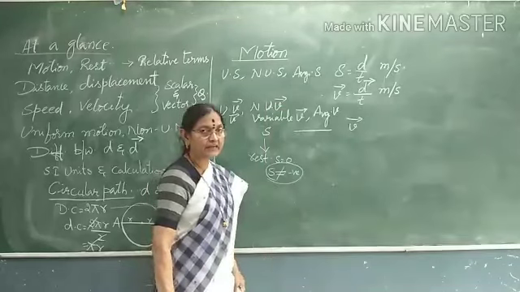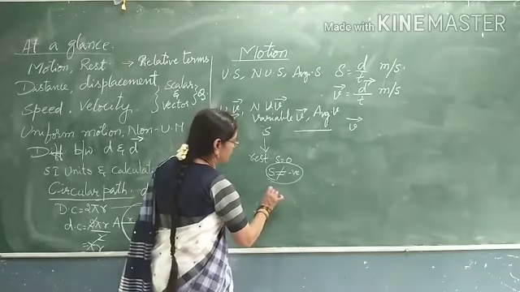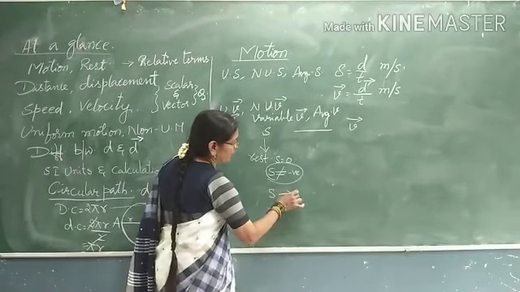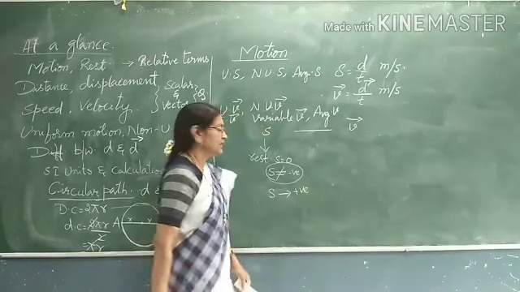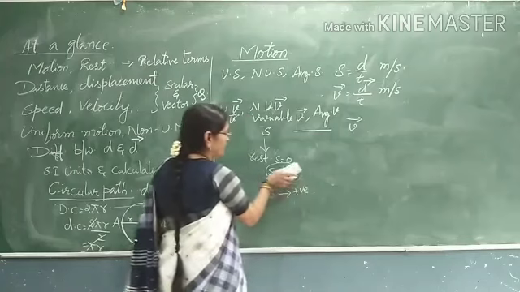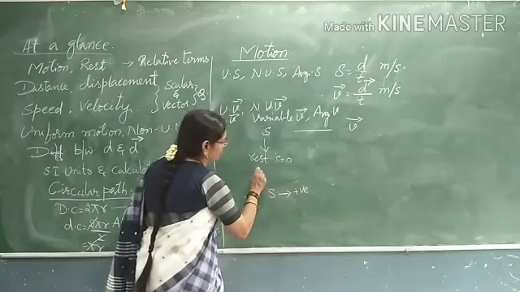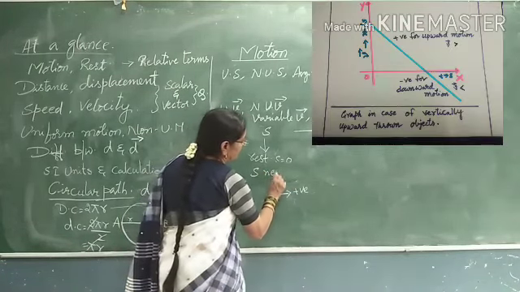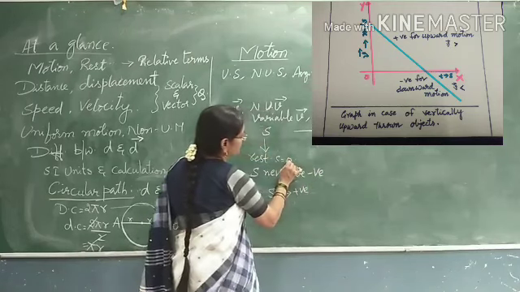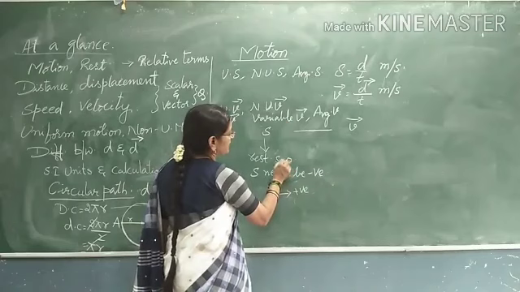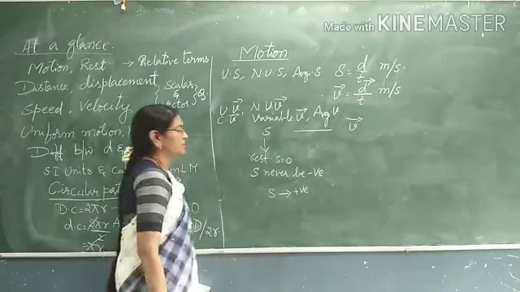Speed may be always positive or zero. Speed will never be negative. Understood?